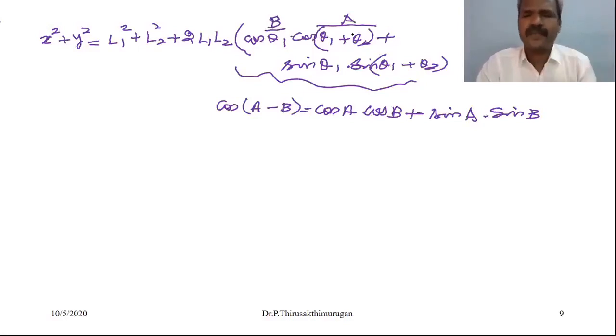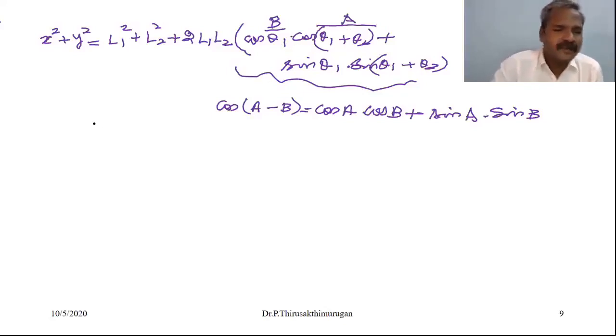Either way you can do it, because cos of minus theta is cos theta only, since it is an even function. Either way you can take, no problem, so there won't be any mistake.